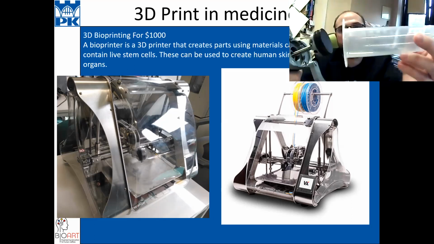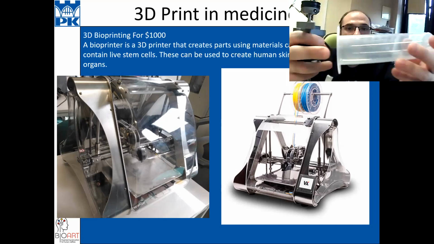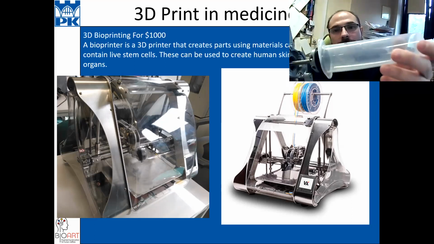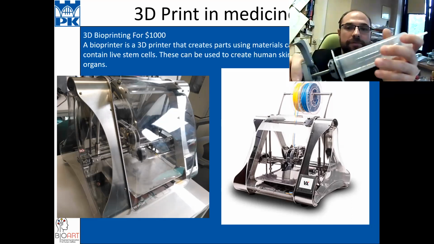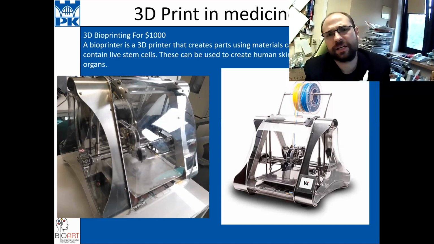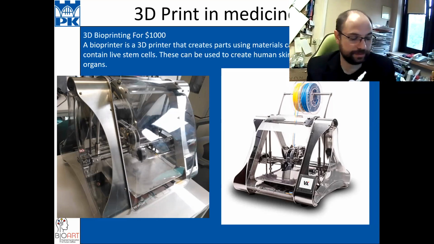You can change the volume of the syringe, and it's very easy. But the principle of this kind of printing is the same as FDM. You put something inside this syringe, and you can get some 3D stuff.